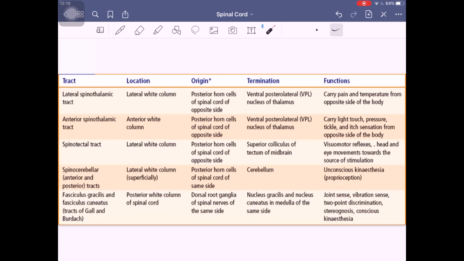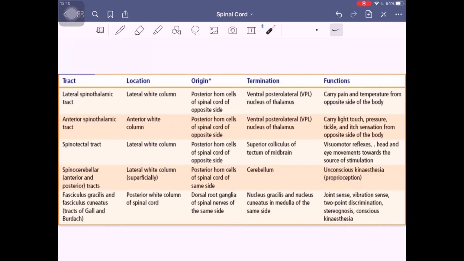So this is your pathway, and this is again the details of all your lateral spinothalamic, anterior spinothalamic, spinotectal. Here I told you visuomotor reflexes, the head and eye movement towards the source of stimulation. I told you anything flashy there, and our head or neck moves toward that direction from where the information came. So that kind of reflexes are visuomotor. So that is from spinotectal.